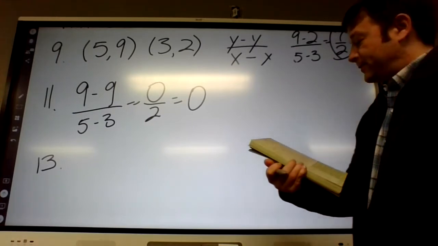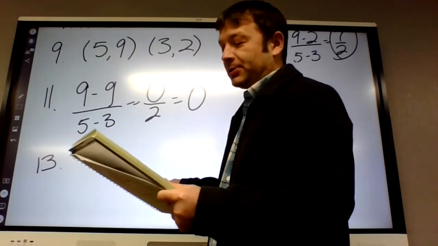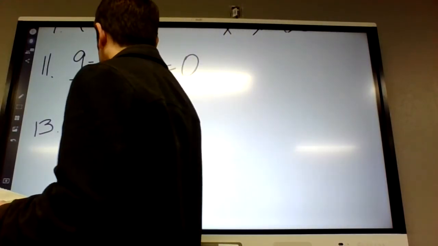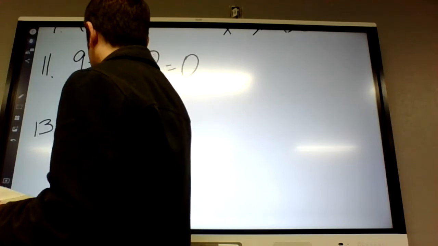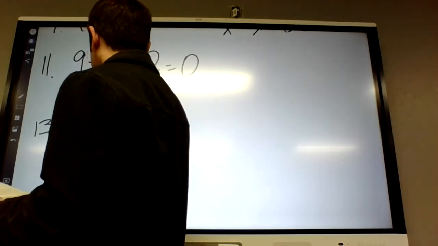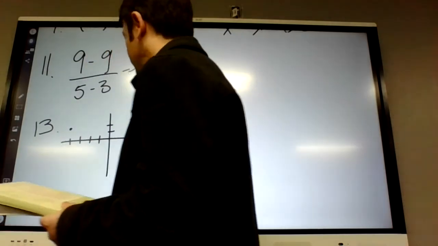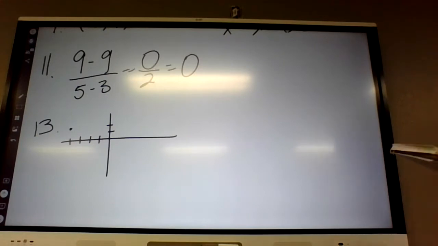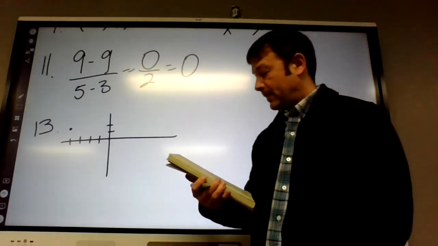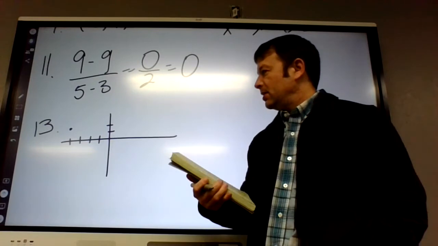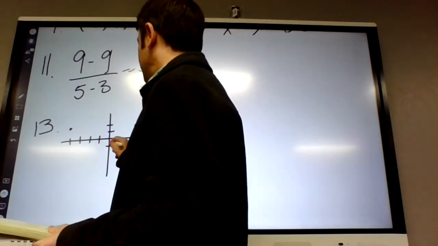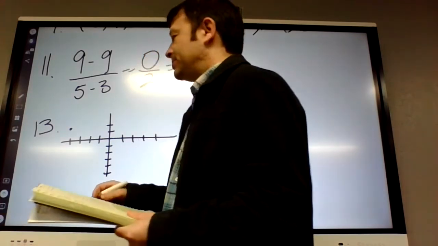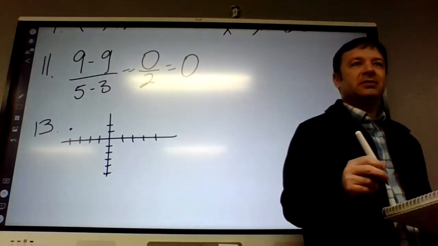13 is another graph. So 13 says we're going through the point negative 4, 2. You guys remember where negative 4, 2 would be at? Quadrant 2. Then it says the slope is negative 3/4. So how do I use that? Go down 3, right 4.